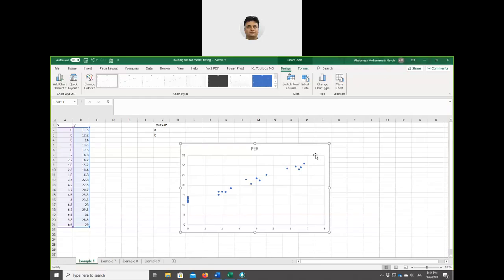So for the next step, I mostly hate this vertical and horizontal line. I like this one as clear. So we have the data here, and we want to make a line.